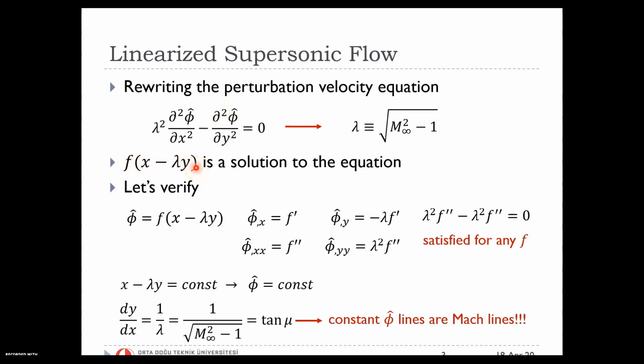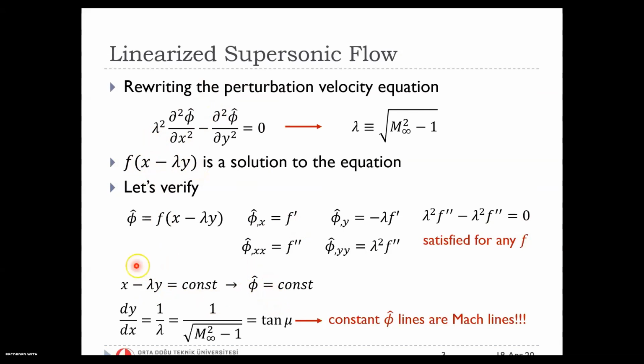It may seem a bit disappointing again, because this f can be any function of x minus lambda y. We don't know which function it is, but we now know that its argument is x minus lambda y, and along x minus lambda y constant lines, our phi hat is also constant, and phi hat is of course the perturbation velocity potential, you may remember.